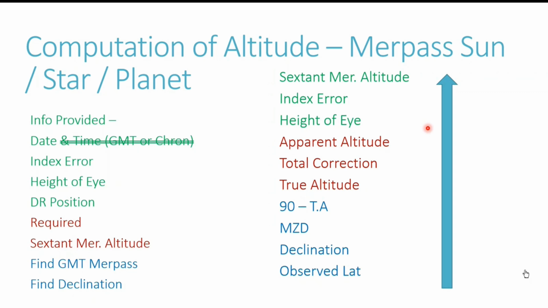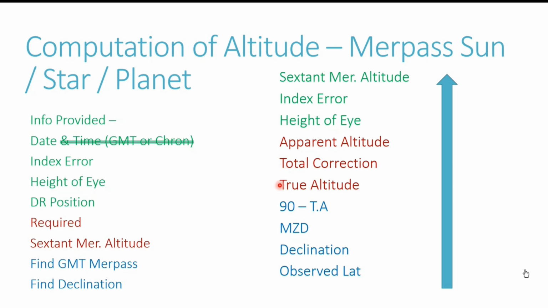Now, one important thing to keep in mind: when you are going in the reverse direction, you will be applying the corrections in the opposite order. Let us say the total correction is negative. Now, when you are coming down from sextant meridian altitude towards the true altitude, a negative total correction is subtracted.